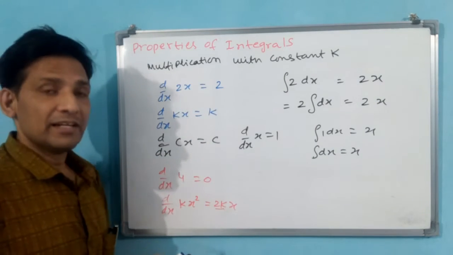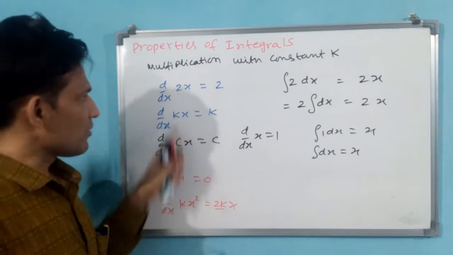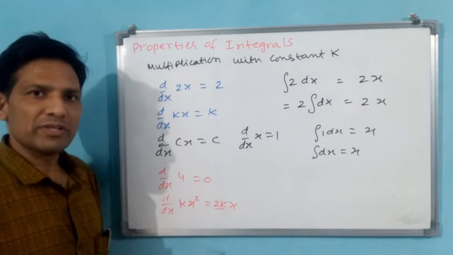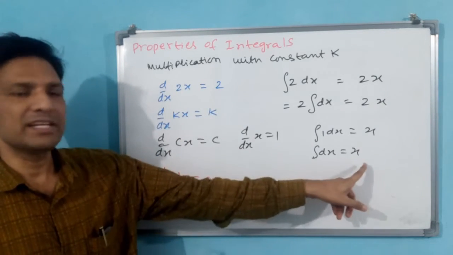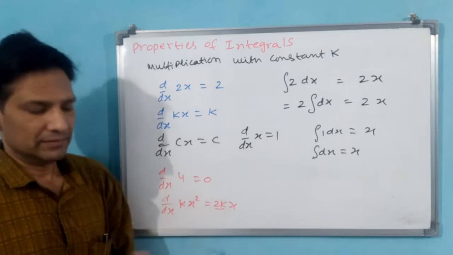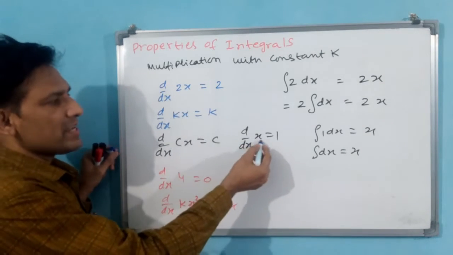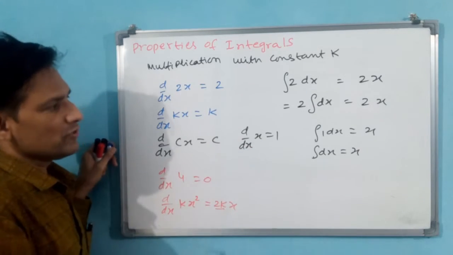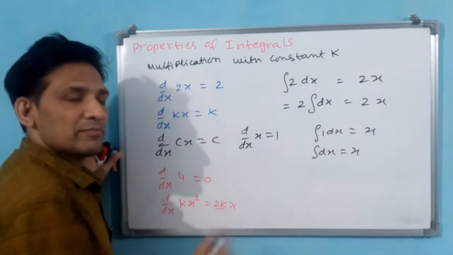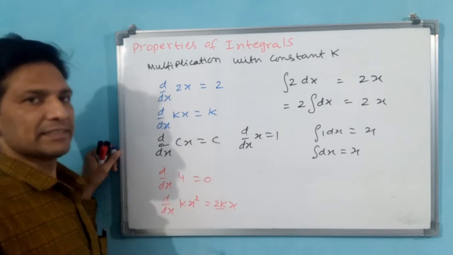You understand? Forget about 2, k, c or something. Even simple integral dx should yield x. Simple d by dx of x will come 1. Simple integral 1 dx will come x.